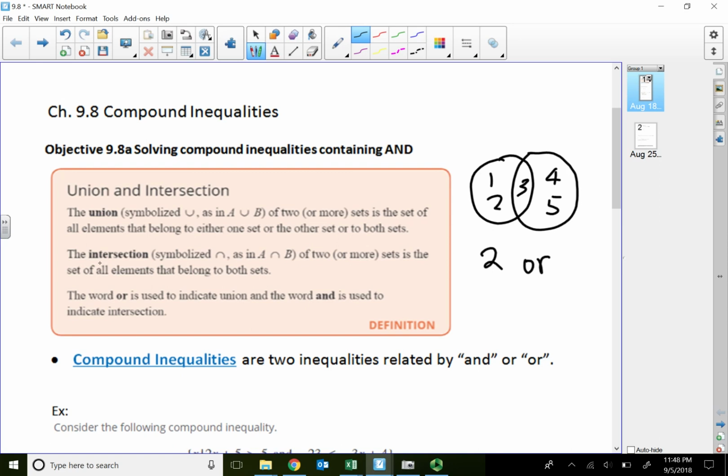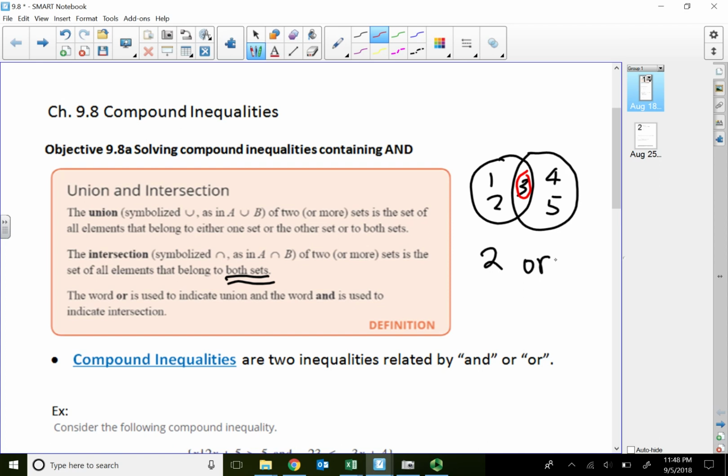The word intersection, using this symbol, of two or more sets is the set of all elements that belong to both of them. So it's got to belong to both of them. Tell me, out of the 5 numbers I wrote, which number belongs to both of them? It's got to be the 3, because the 3 is the intersection between the two sets.